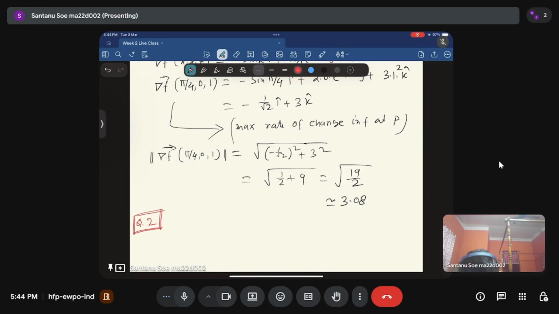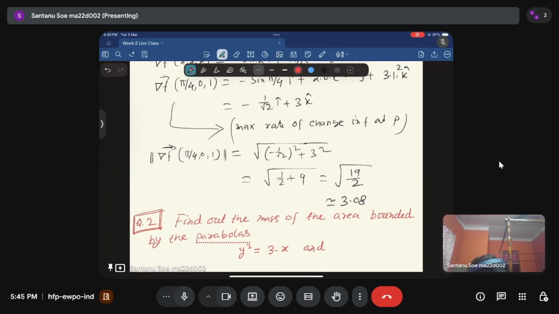Okay. So find out the mass of the area bounded by the parabolas y square equals 3 minus x, and y square equals 3 minus 3x.